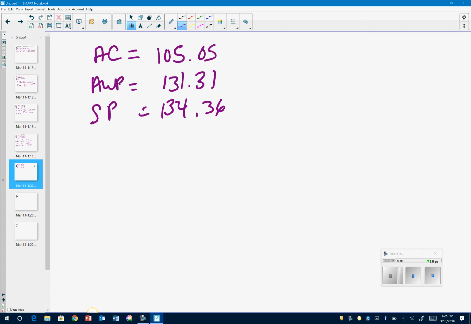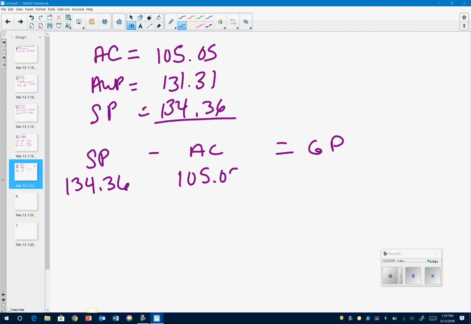So again, you have your selling price minus your acquisition cost is going to equal your gross profit. So you take your selling price, which is $134.36, subtract your acquisition cost, which is $105.05, and of course, to get the gross profit, once you subtract those, it comes out to be $29.31.